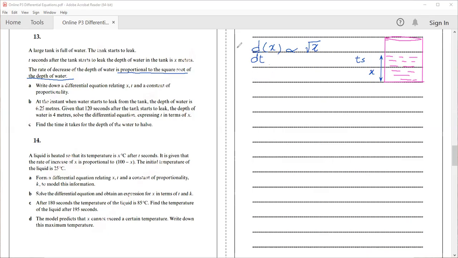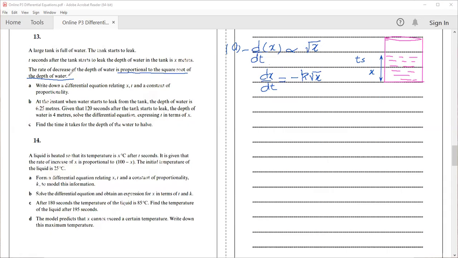So for the A part of this question, dx by dt is equal to, whenever you have the word leak, that means minus sign, minus k times under root x.